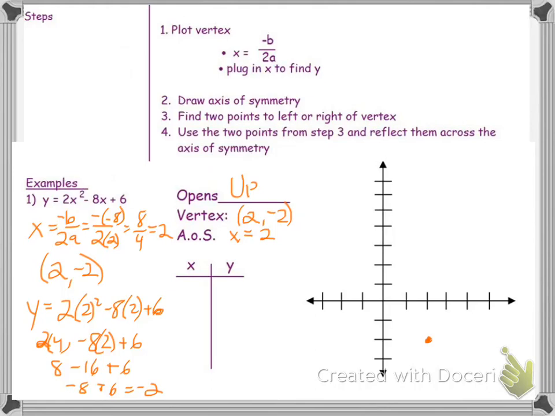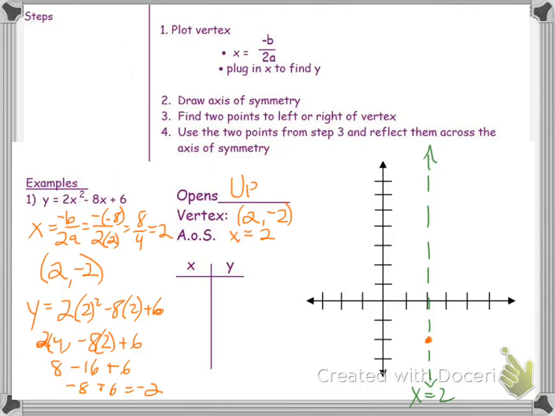I have my axis of symmetry at x equals 2. And I'm going to plot some other points.